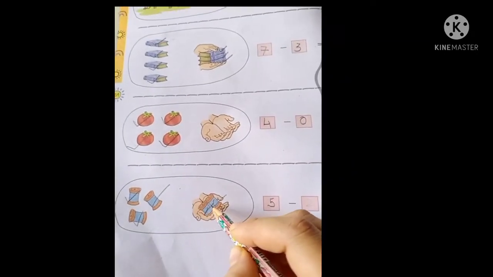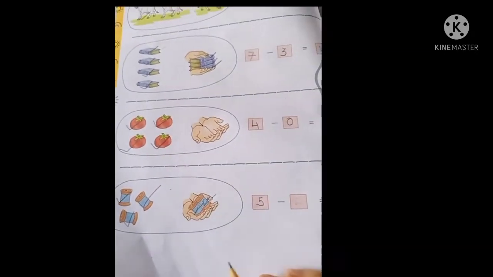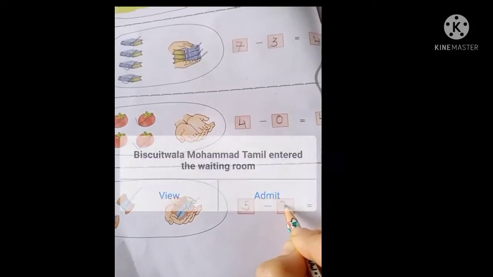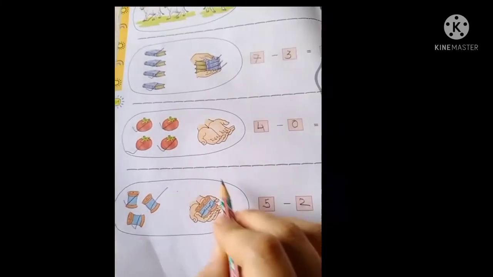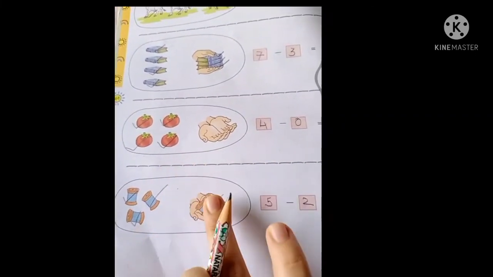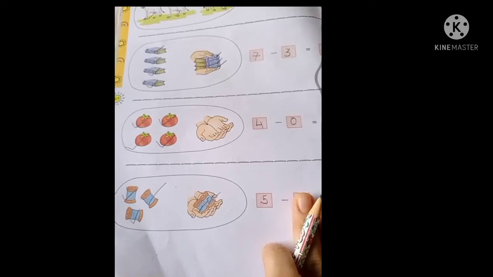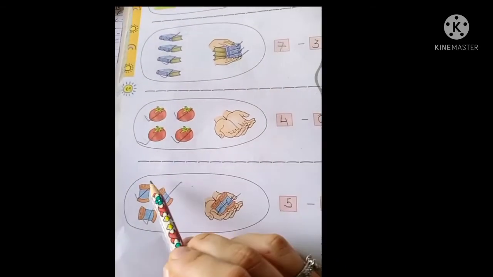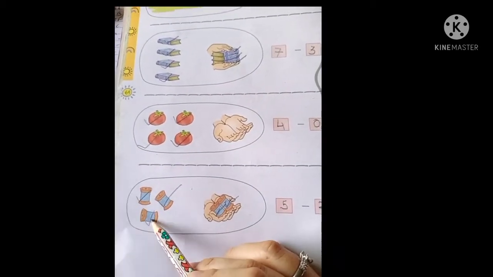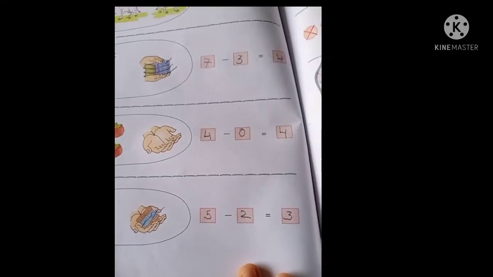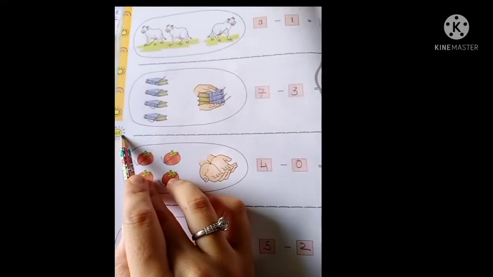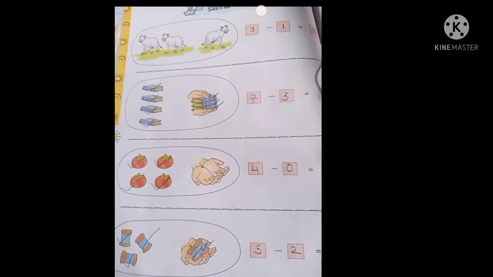So 1 and 2. How many? 2. So here 2, right? So total 5 rails. From the 5, we take away 2 rails. How many still remaining? So 1, 2 and 3. How many rails? 3. So here your answer is 3. So everyone understood? Page number 64.